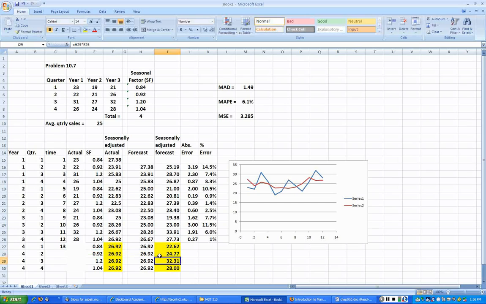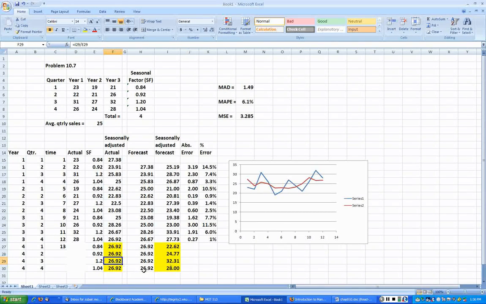Okay, now if you take the effect of the season out, 24.77 divided by 0.92, that is that value. Now this value then would be the forecast for quarter 3, and actually would be 26.92 times 1.2, that is 32.31. Okay, seasonally adjusted true value would have been 32.31 divided by 1.2, 26.92.